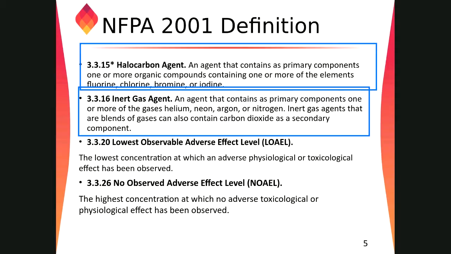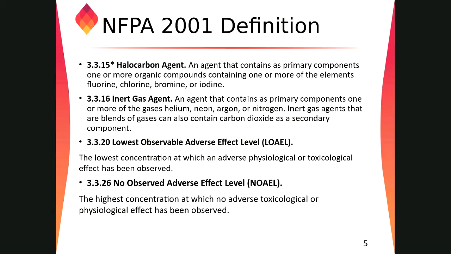As per 3.3.20 of NFPA 2001, we have the lowest observable adverse effect level, we call it LOAEL, right? What is this exactly? This is the lowest concentration of the agent inside a closed room which gives some adverse physiological or toxicological effect.